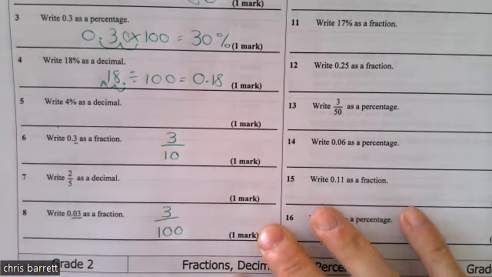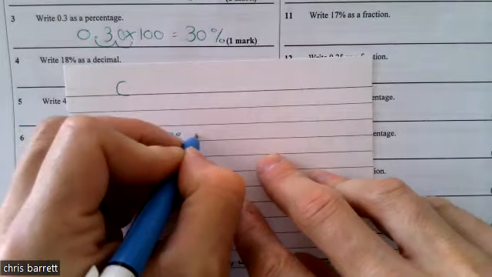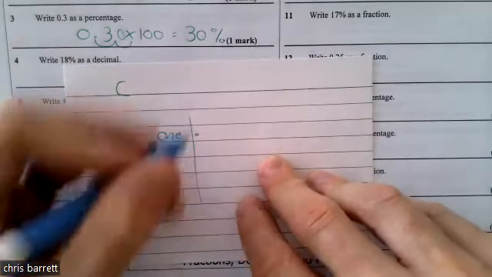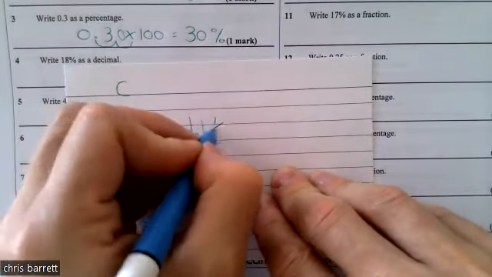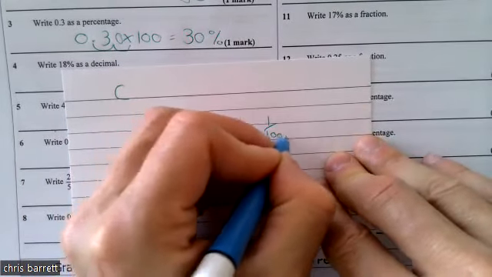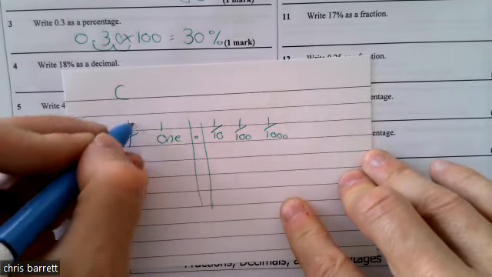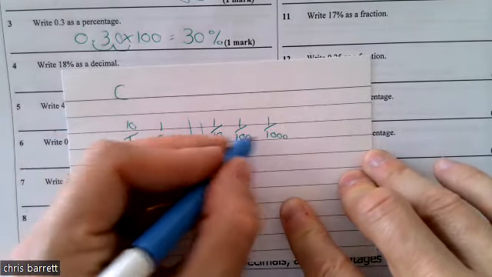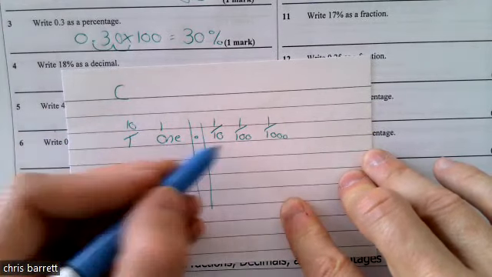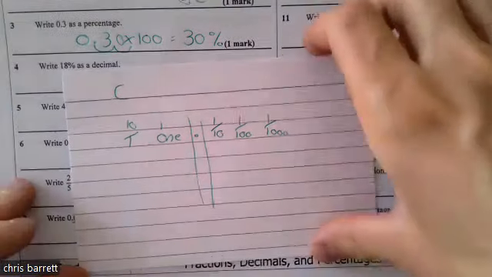The reason we do this is because if we think about our place value systems, we've got the ones column, or the units, depending on what you've got it as. And then after that, you've got tenths, hundredths, thousandths, and so on. And even up here, tens. All of these numbers are starting with 1, either as wholes or as fractional parts, because our place system's all based off of 10.